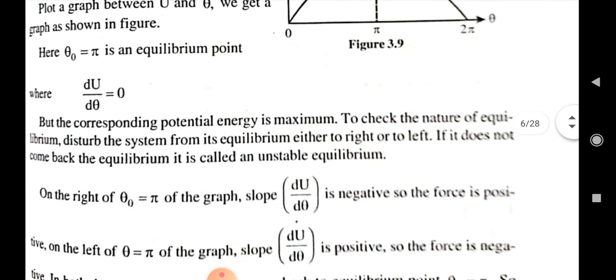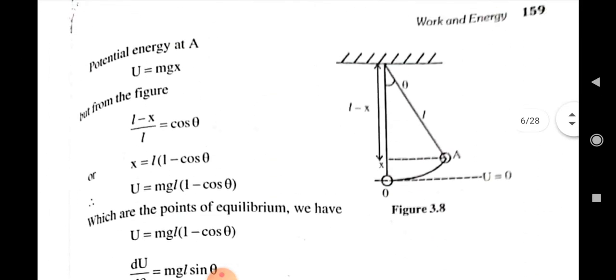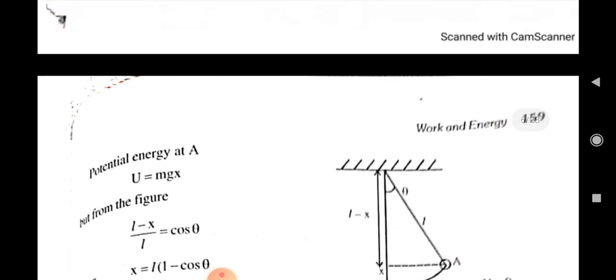Again I repeat, here we are discussing stable equilibrium, unstable equilibrium, and neutral equilibrium. For stable equilibrium, at a particular point du by dx is equal to 0, and on either side d square u by dx square is greater than 0, that is, curvature increases.